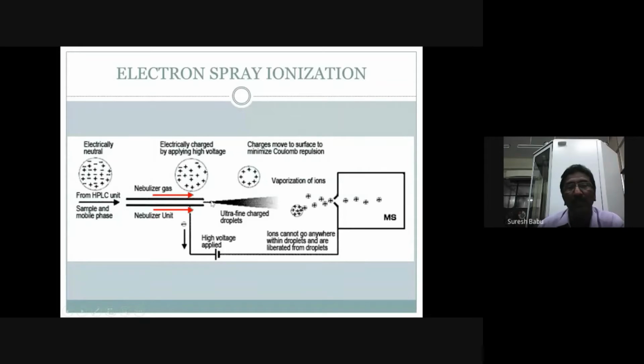As this charge keeps increasing, finally due to mutual repulsion, the droplets break into small ions and enter into the mass analyzer unit.